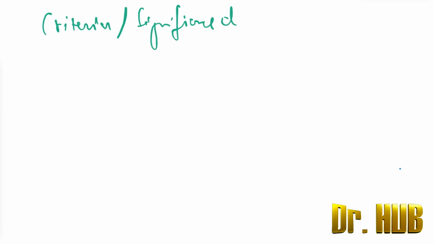Next, we will go on to the criterion or the significance level, which is the alpha.